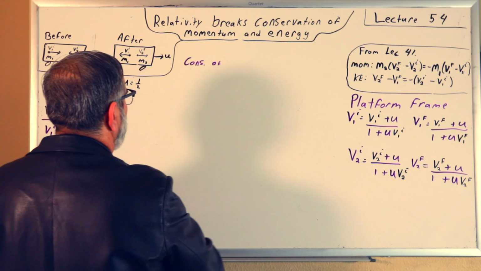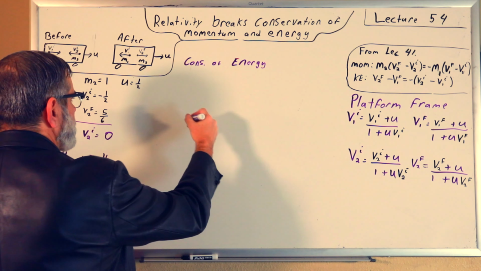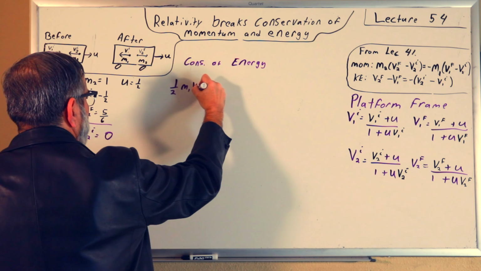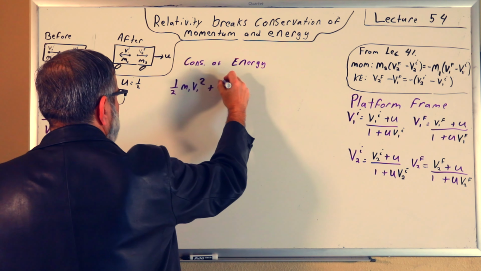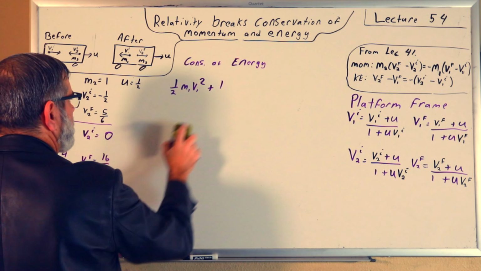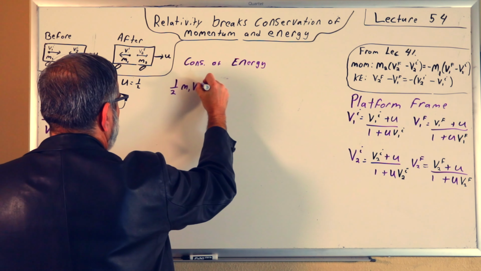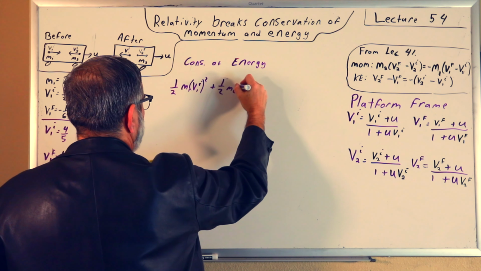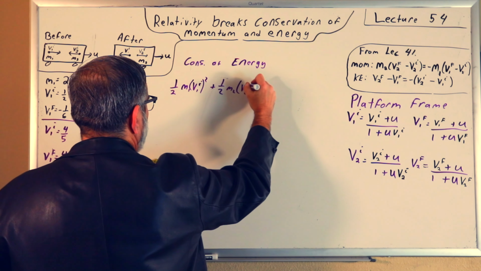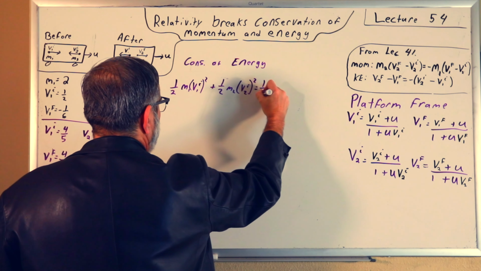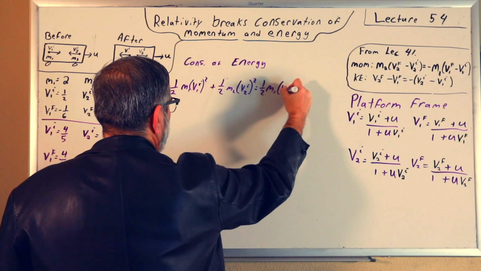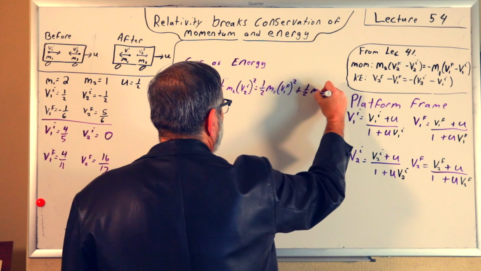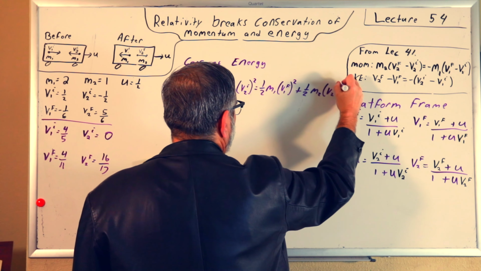Now let's look at conservation of energy. So for conservation of energy, we'll do 1/2 M1 V1 initial squared plus 1/2 M2 V2 initial squared should equal 1/2 M1 V1 final squared plus 1/2 M2 V2 final squared.